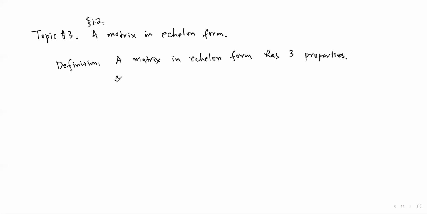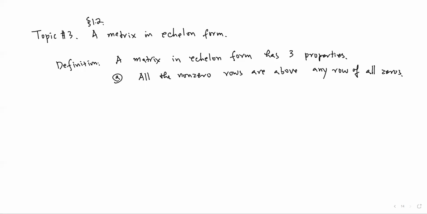A, the non-zero rows are above, should be above any row of all zeros.